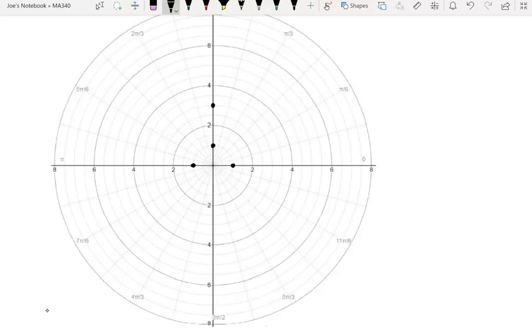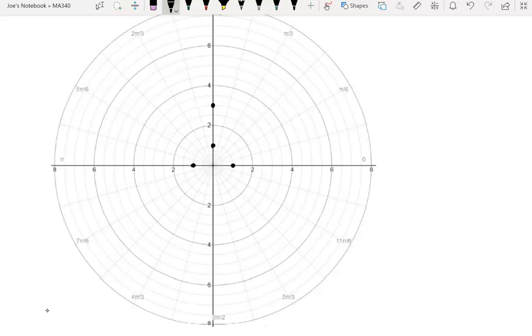Yeah? Okay. So, pardon me, sorry. Now when we graph this, notice that we got to this -1. At some point we would have had to go through the pole, right?